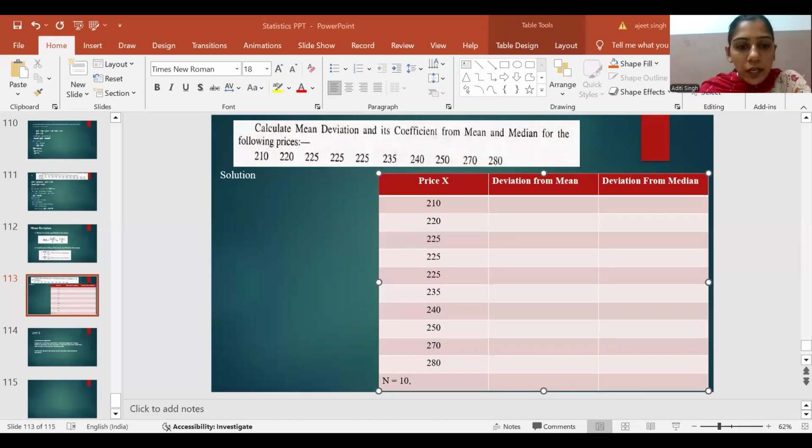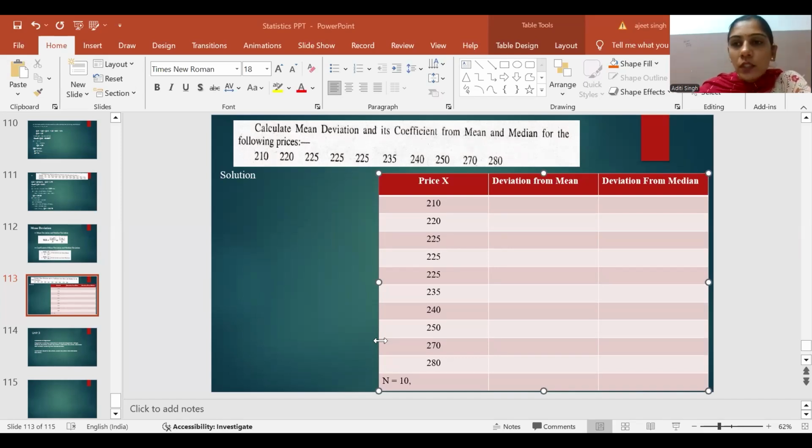So let's add all the values: 225 plus 225 plus 225 plus 235 plus 240 plus 250, then 270, after that 280.